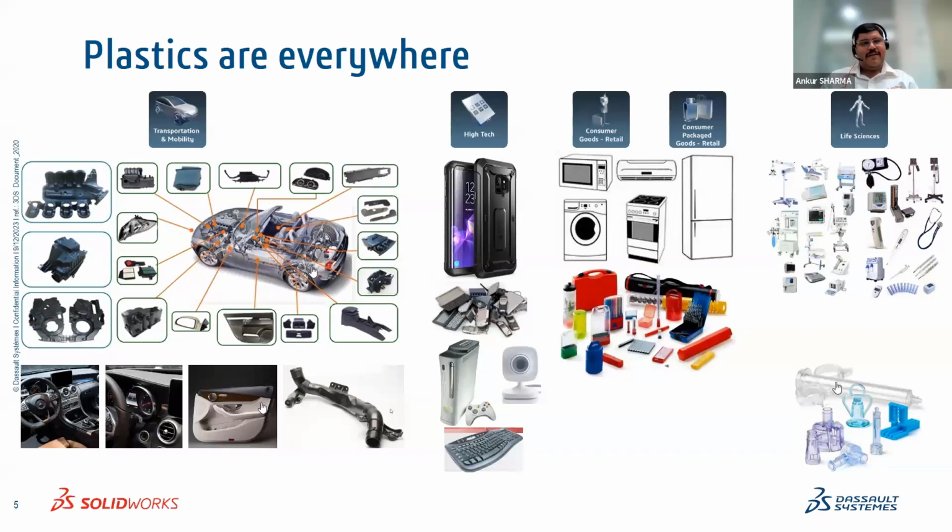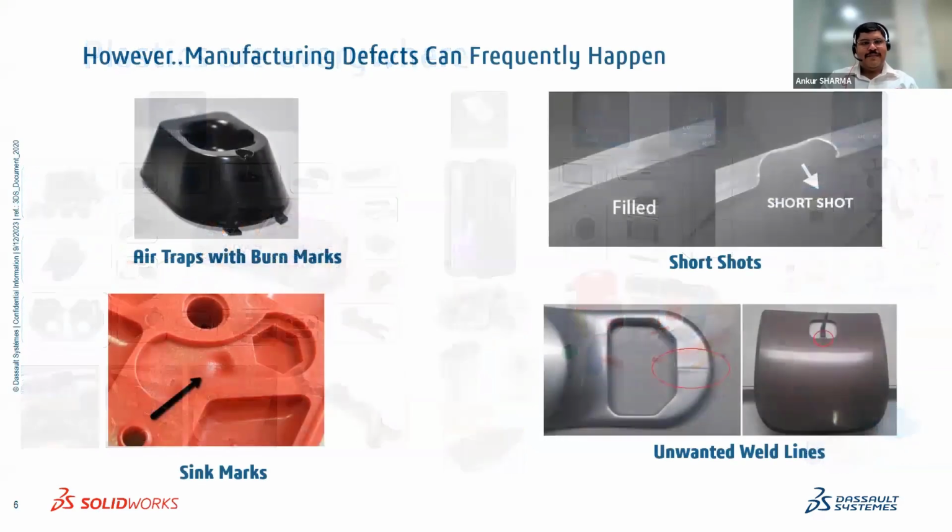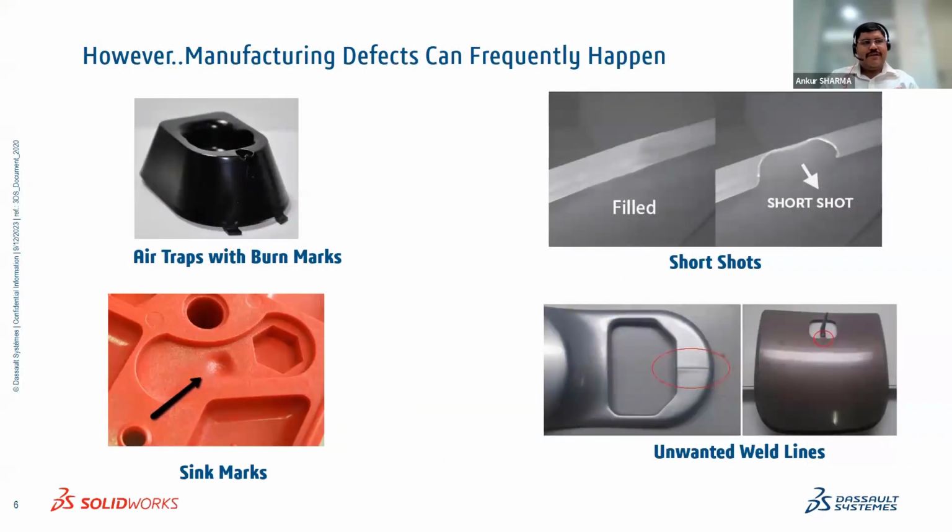So while plastic parts are everywhere around us, they are also very challenging to manufacture because they are highly prone to manufacturing defects, which happen almost frequently when we try to design and manufacture them.